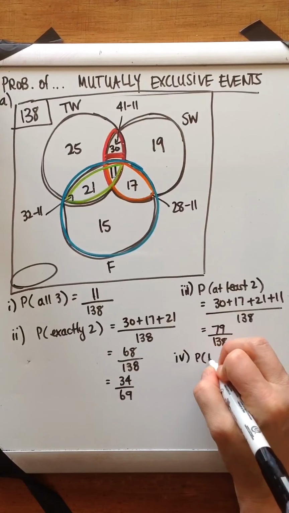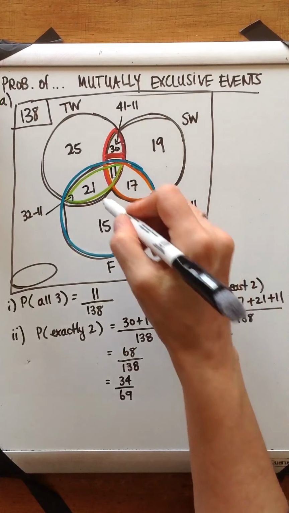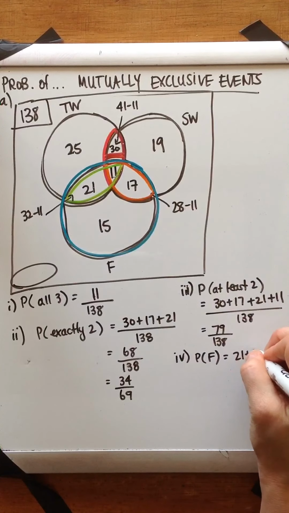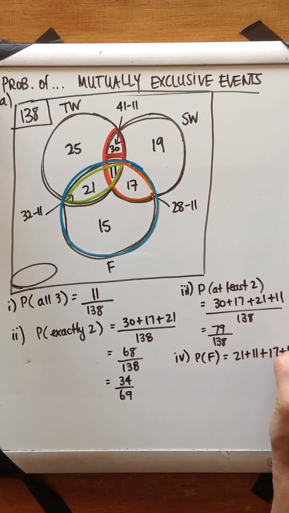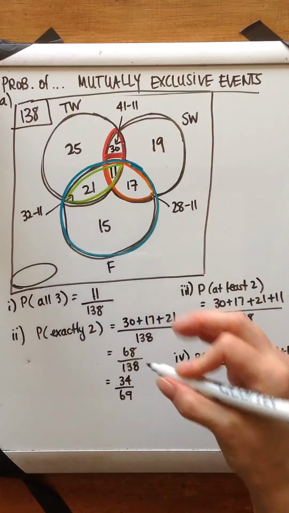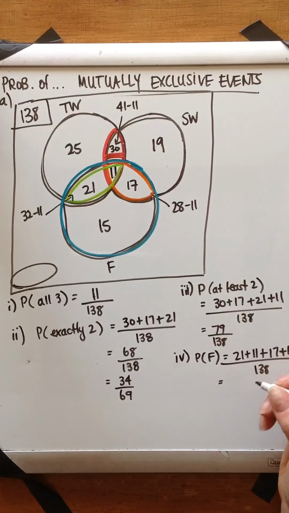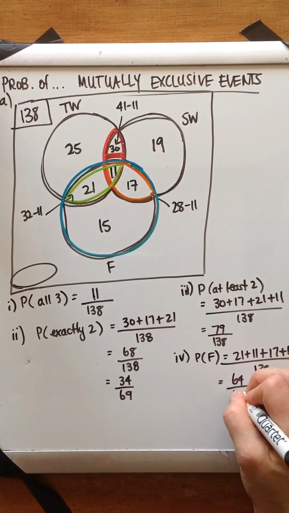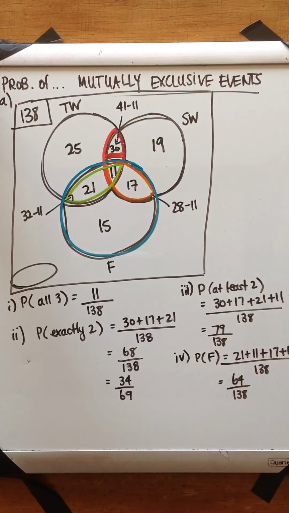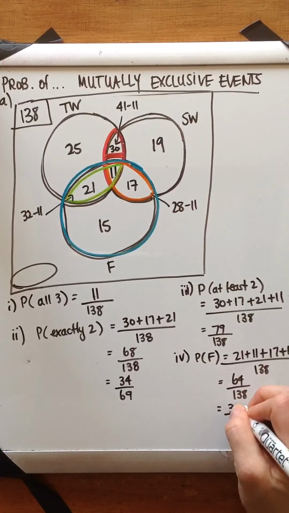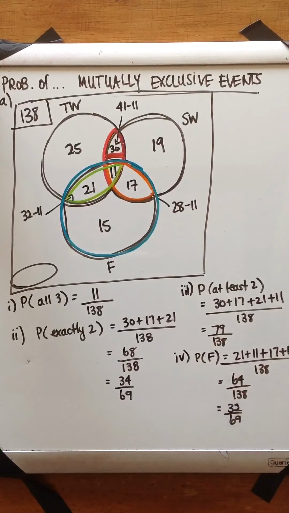So the probability for Fashions magazine is equal to 21, 11, 17, and 15 altogether. Still out of our total for the entire Venn diagram, which is 138. This comes out to 64 out of 138. Again, both even numbers. It can be reduced down to 32 out of 69. And again, no greatest common factors.